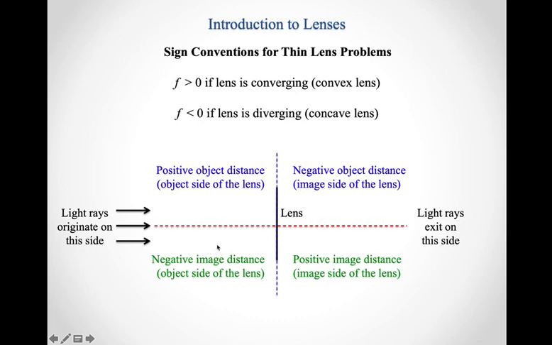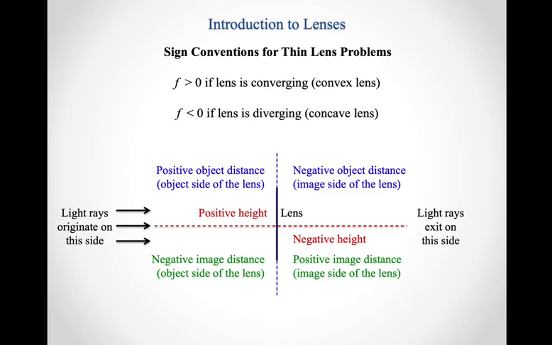If your image forms back here on the side where your light rays come into the lens, then you have a negative image distance. So in terms of thinking about what's going on with our two horizontal distances, we have an object side of the lens, an image side of the lens, and so whether your object distance and image distance are positive or negative depends on whether or not your object and image are on the side of the lens where the light comes in or where the light goes out.